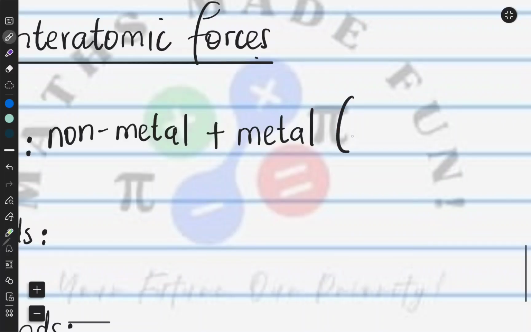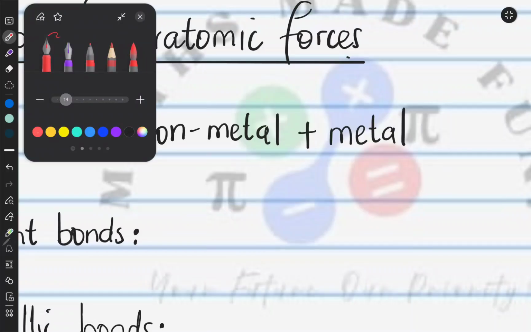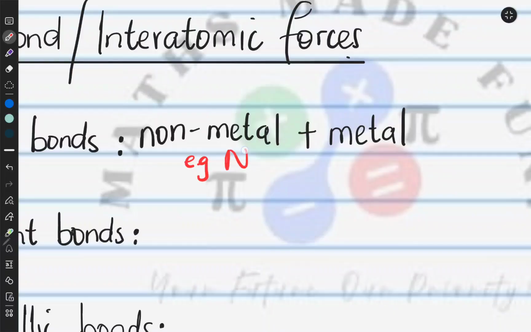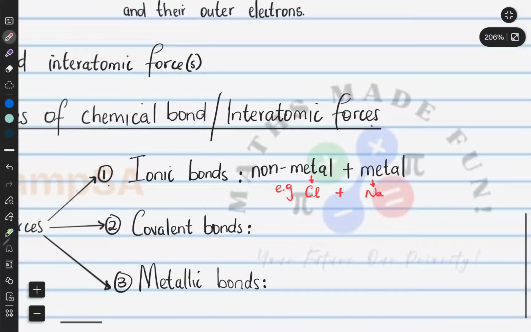So we can put it here, for example, chlorine, because this is a non-metal, plus our sodium, which is a metal. Okay, so that's what happens when we talk about ionic bonds.